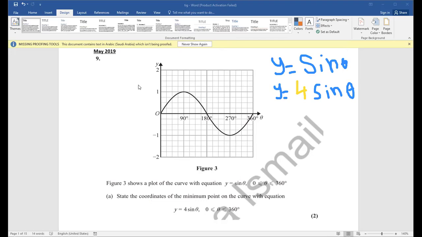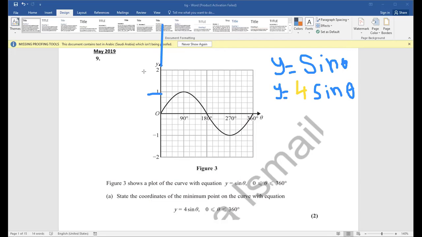So here is the 1. We're going to extend it here and multiply it by 4, so it will be like this. We have to complete this line up to 4.